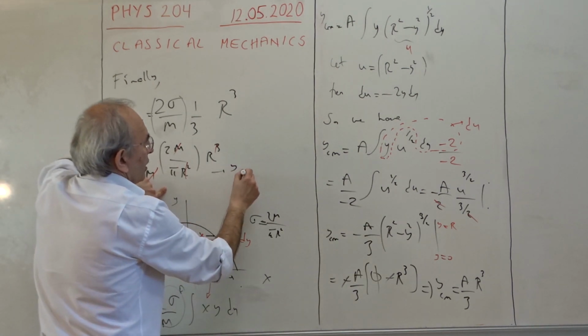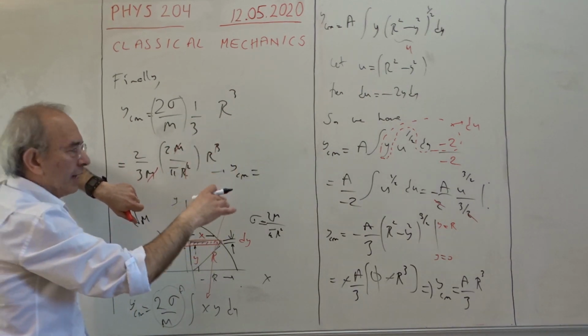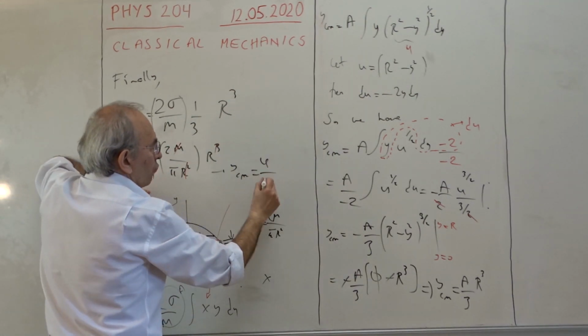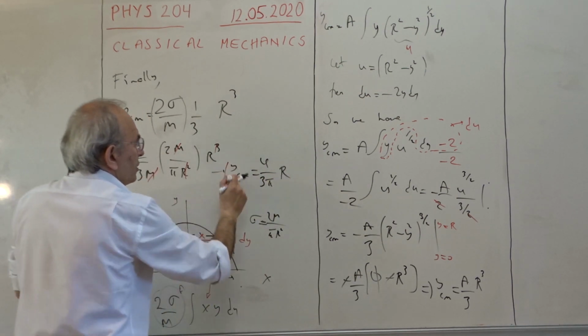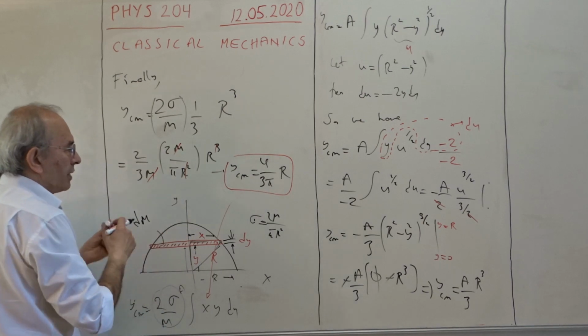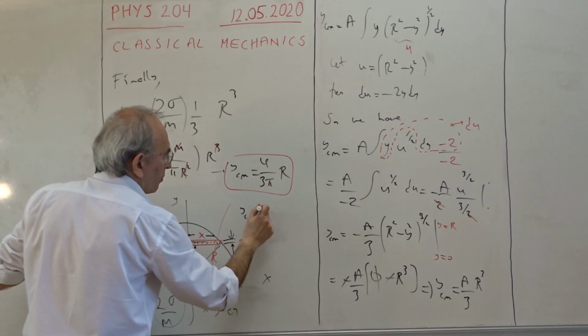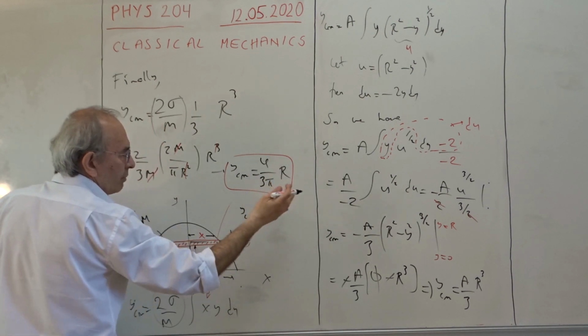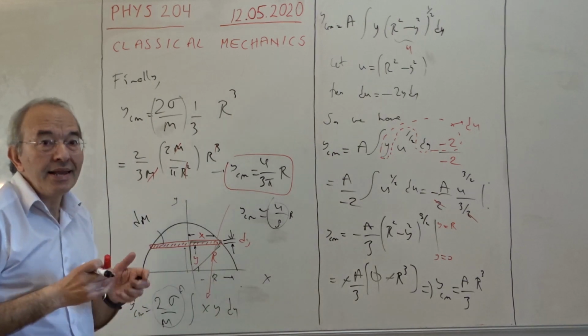So that y center of mass is 4 over 3 pi, which is nearly 4 over 9, a bit less than 4 over 9, times the radius r. Since this quantity, 4 over 3 pi, is approximately 4 over 9, a bit less than 4 over 9 r.